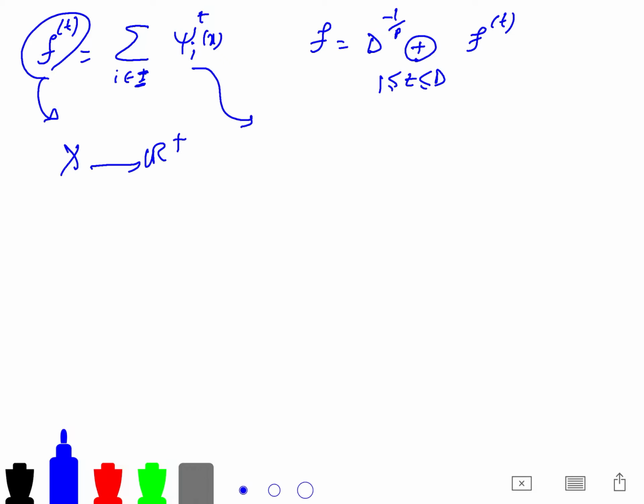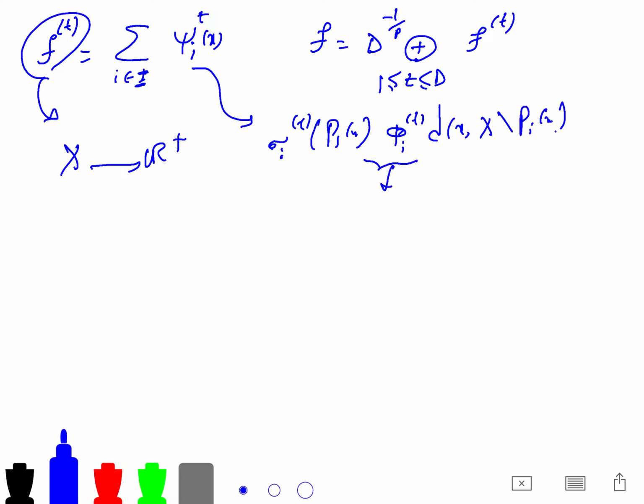And psi I of x is sigma I of t, pi of x, phi of t, d of x and X excluding pi of x. And this phi is just, as I said several times, the multiplication.